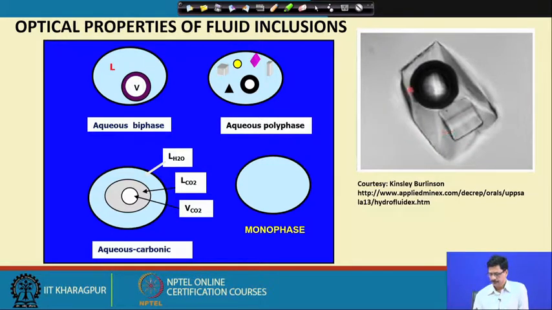We call this a polyphase inclusion because there is a liquid, a vapor and a solid, and there could be more than one solid if the parent fluid is a very concentrated brine, which becomes saturated with respect to many mineral phases when the temperature is decreased.